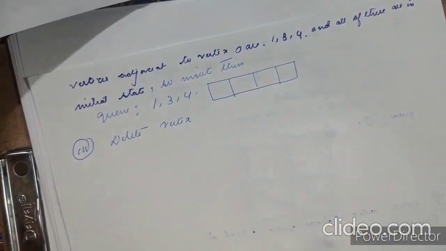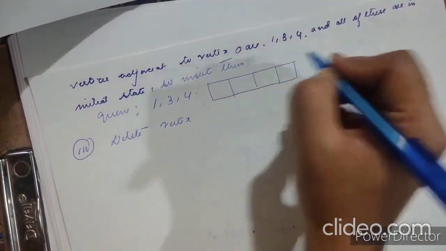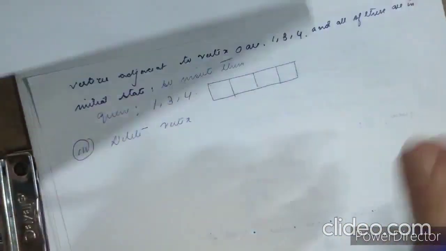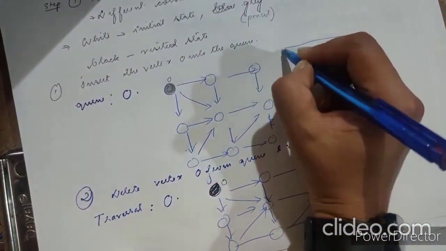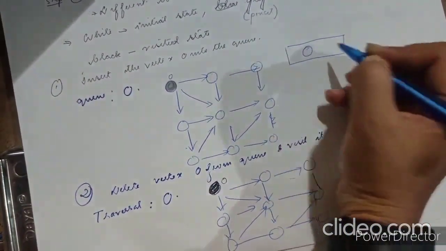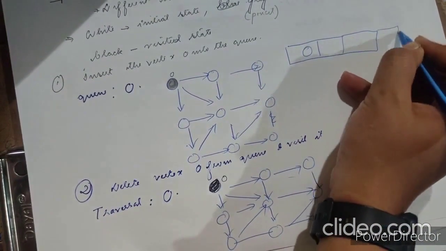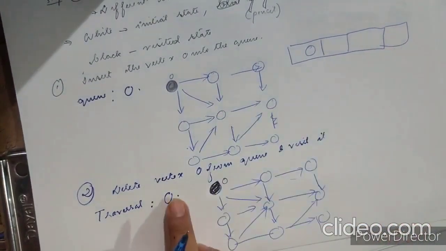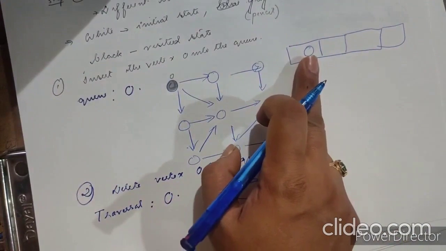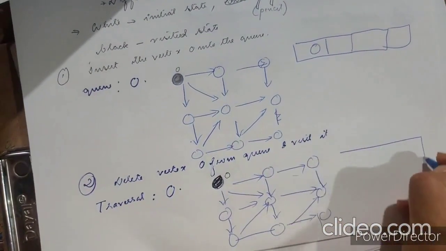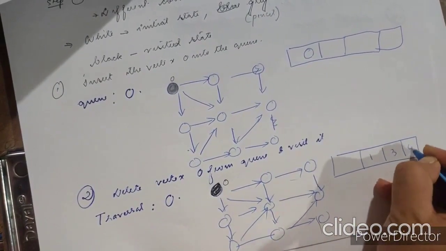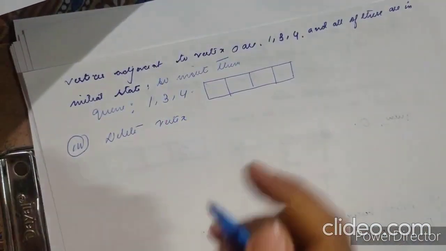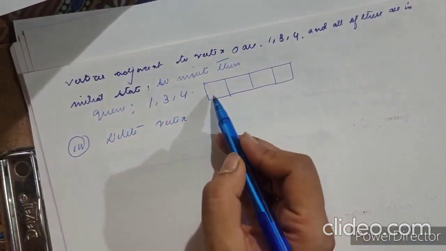Before that, the queue had only 0 and the remaining was empty. When we traverse, 0 is removed and you get the queue 1, 3, and 4.